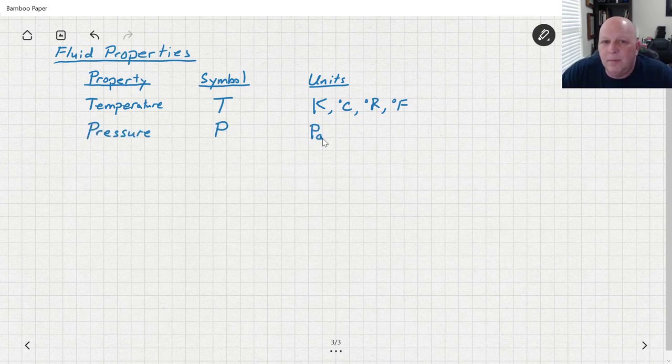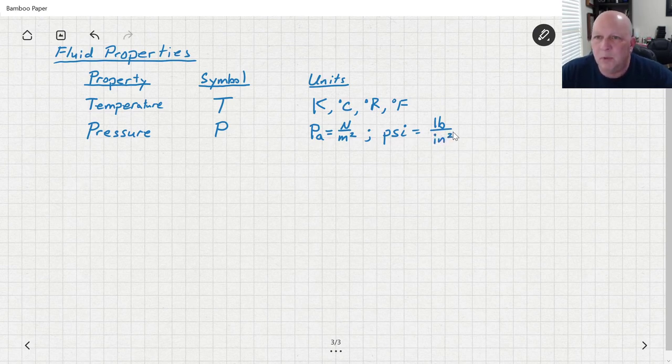Pressure has a symbol of P, and typical SI unit would be pascals, which is a Newton per meter squared. In English units, oftentimes you'll see PSI, which is a pound per square inch. Sometimes you'll see PSF, pound per square foot.